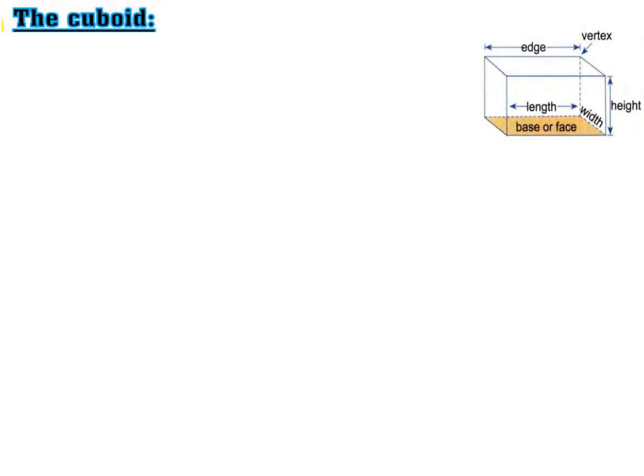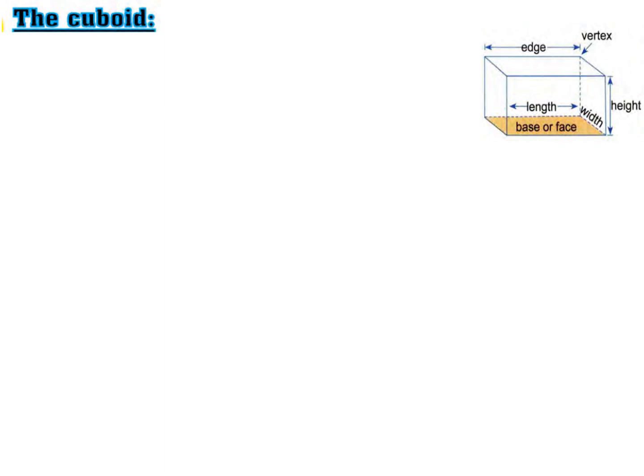Firstly, we will know the cuboid. Now we will define the cuboid, its edges, its faces, and its vertices.